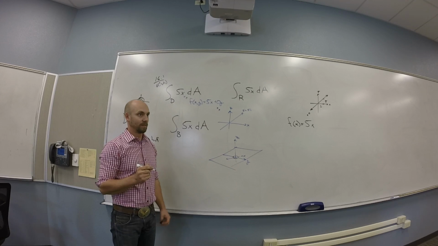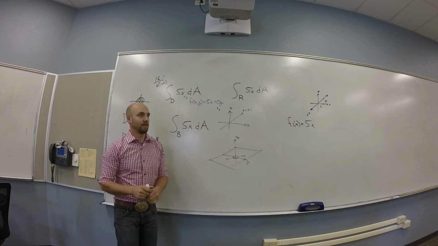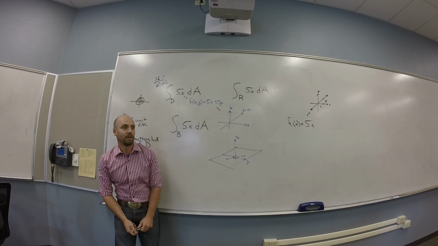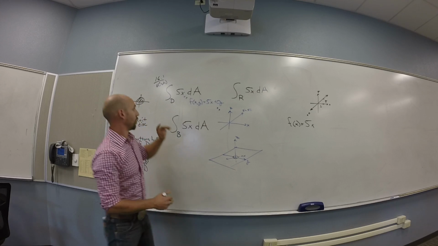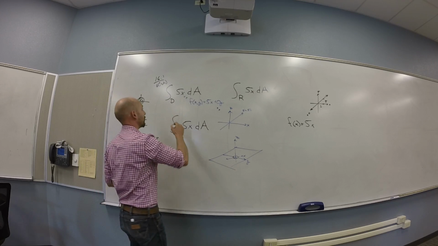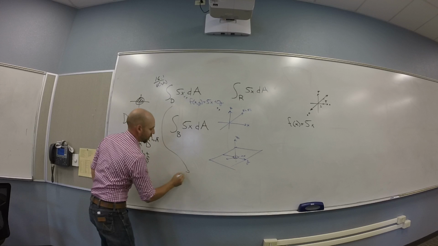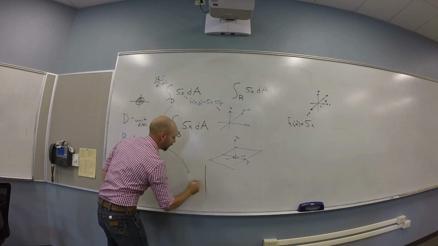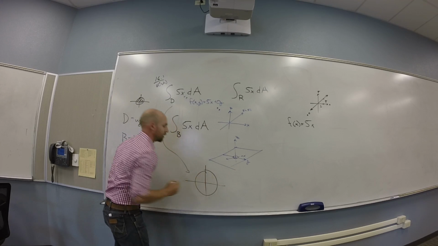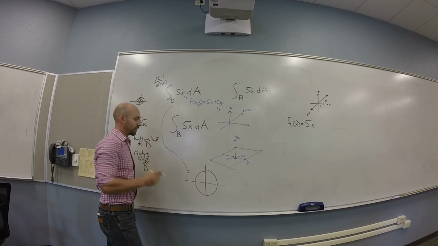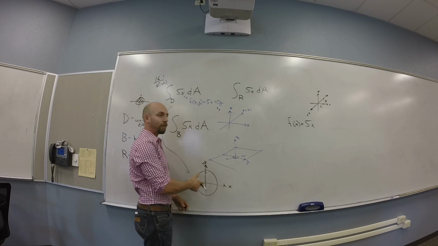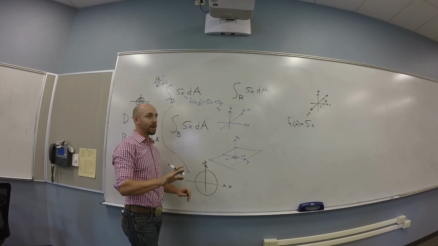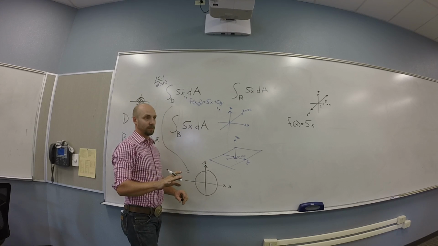Why would it be disk and not, if the plane's in 3D, why would it not be like a 3D ellipse there? Why wouldn't it be a three-dimensional thing? Because what I'm really doing here is thinking, okay, there's some region, that's my disk, in the XY plane. And then there's some function over the top of this. It doesn't matter what the heck it is, right?